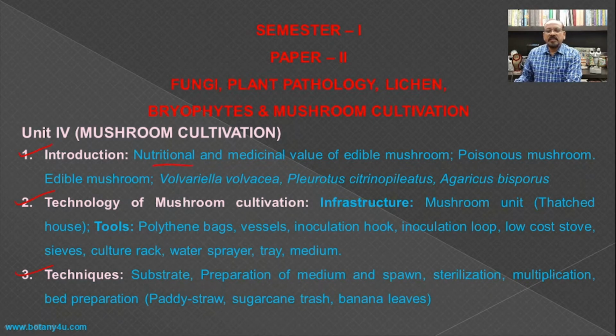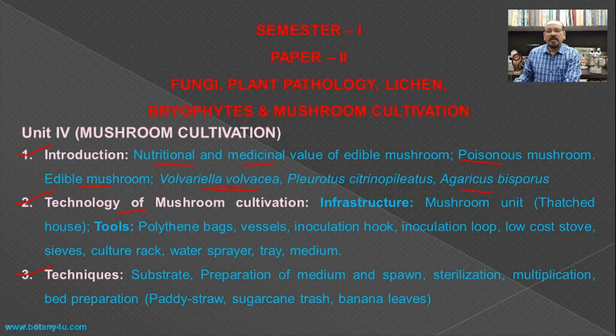In the first, there is the nutritional and medicinal value of edible mushrooms, then poisonous mushrooms and edible mushrooms. Edible mushrooms include Volvariella volvacea, then Pleurotus citrinopileatus, and the third, well known, Agaricus bisporus, that is the button mushroom.